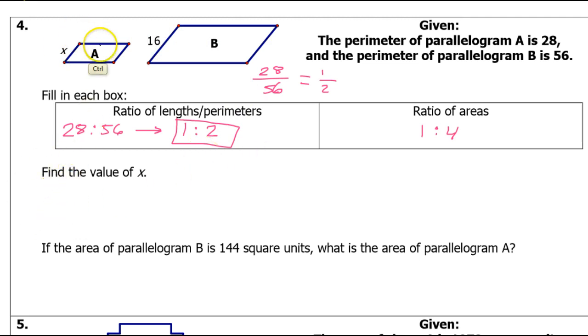All right, let's do small over large is equal to small over large. So the small length here is x, and the large length is 16.